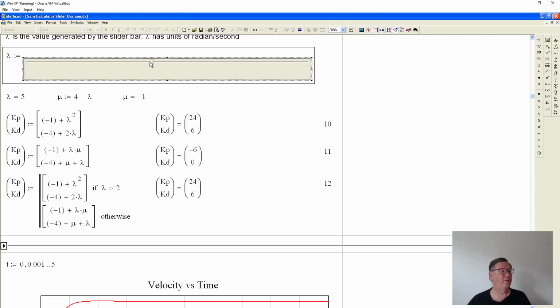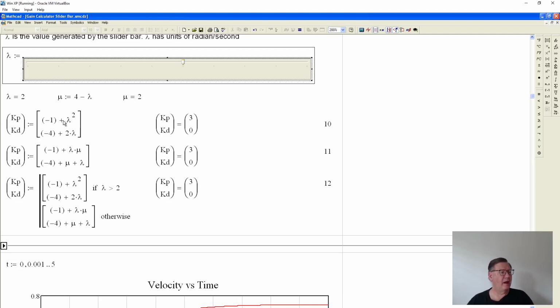And if you remember, when I get down to 2 radians per second, let's see if I can get to 2. At this point, we're at that point where you've got 2 poles at -3, which is what you can see here. And then if I make the system more overdamped, the poles will separate. We'll be able to see that in a moment.